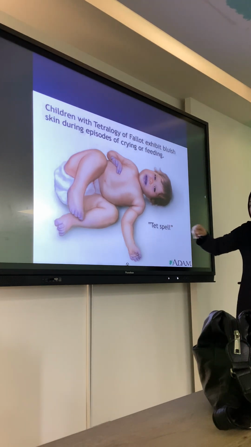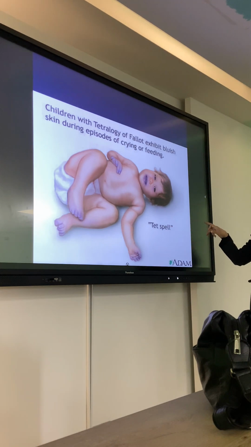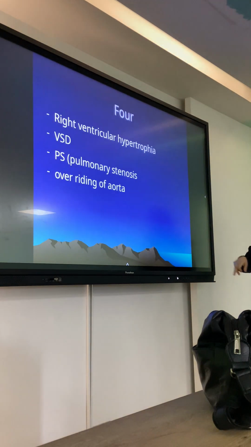Tet spell is a question of the final exam also. The 4 defects we have: right ventricular hypertrophy. Tet spell means in the time of crying, feeding, the baby becomes cyanotic.